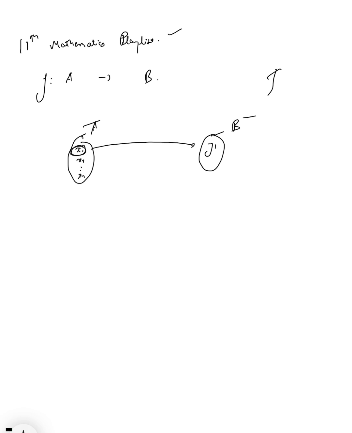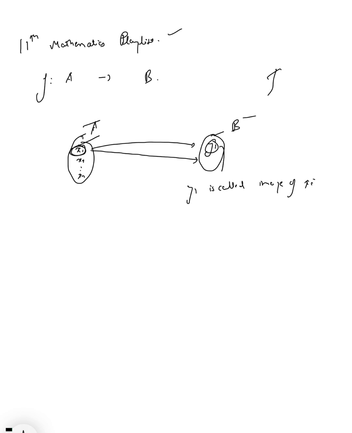Okay, and there is a particular rule of correspondence. You can say that this image has to be unique, and you can't have two images of the same element. So y1 is called the image of x1, and it has to be unique.